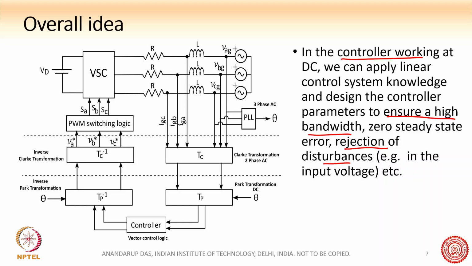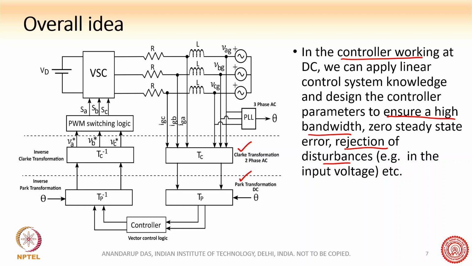In order to do this, we have to take all our quantities into DC, and that is why the Clarke and Park transformation matrices are useful for us. This is where the usefulness of these two transformations comes into the picture.